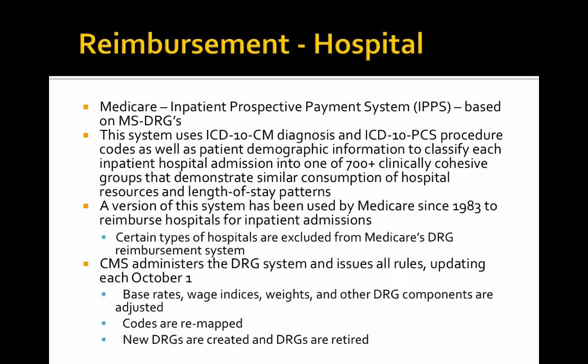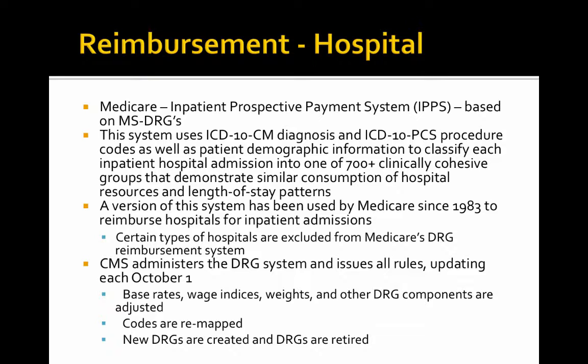So charges don't really mean anything when it comes to payment under the DRG system. Think about it as payment based on the diagnosis and procedure code, not based on the charges that go into the system. There are some instances where charges do come into play.